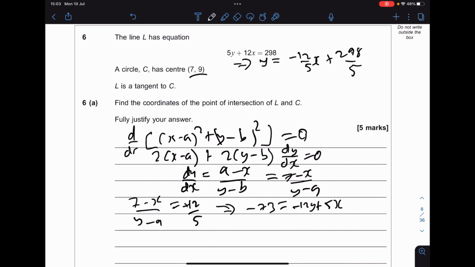If we solve the simultaneous equations on our calculator, we get solutions of x equals 19 and y is 14. So that's the point of intersection, 19, 14.